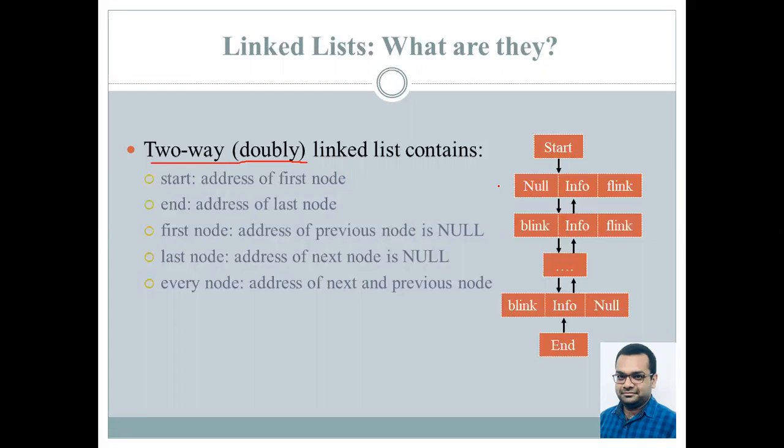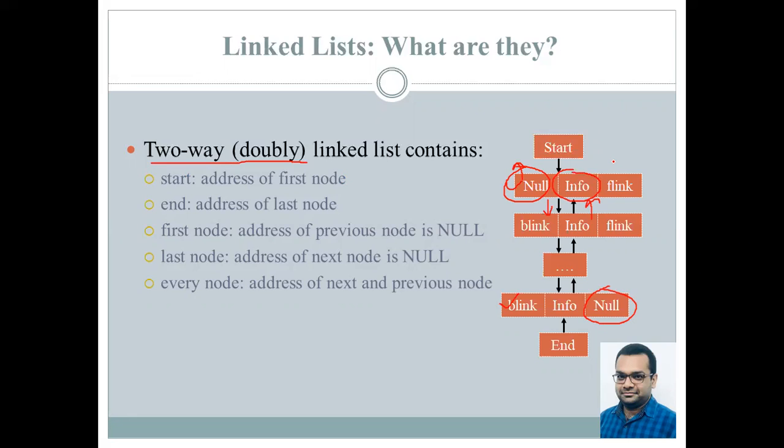Here every node contains, apart from the information field, a pointer to the node ahead of it in the linked list as well as a pointer to the previous node in the linked list, except the first node and the last node. The first node doesn't have any predecessor, so it doesn't point to any node previous to it, and the last node doesn't have any node after it, so it doesn't point to a node ahead of it.